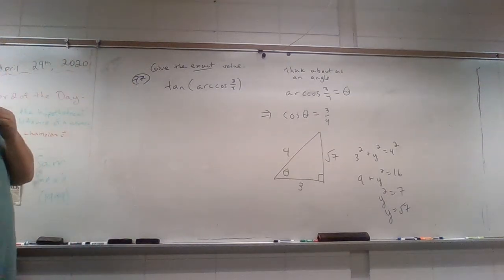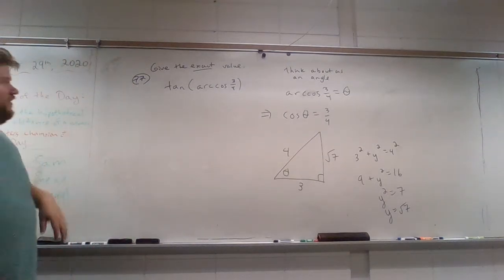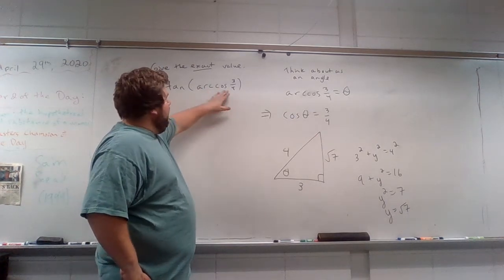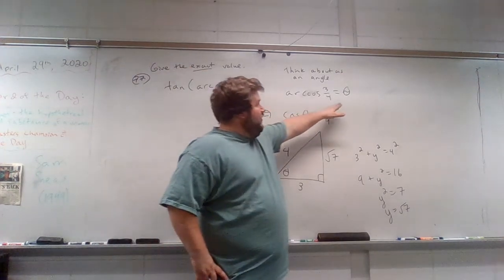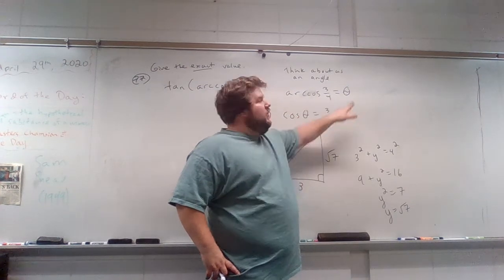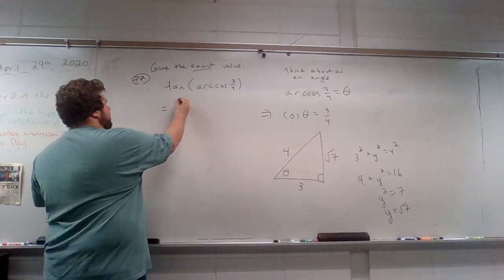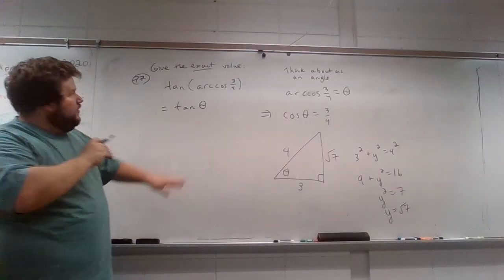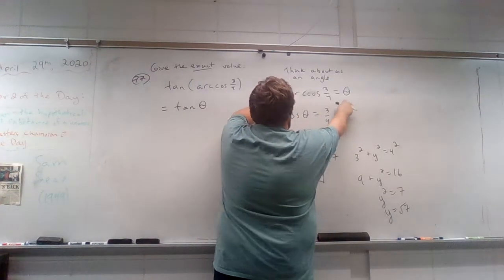Okay. So now that I have that, then I can go back to this. Well, what is this? Well, arc cosine of 3/4 was theta, right? That's what we said it was. So this is really just the tangent of theta. This is equal to theta.